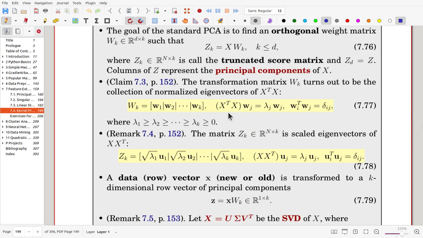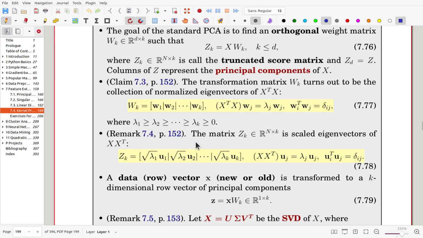Earlier, we figured out that W_K is the collection of normalized eigenvectors of X transpose X. Here, (w_j, lambda_j) are eigenvalue pairs of X transpose X, and W_K is the collection of the first K eigenvectors of X transpose X. Of course, the corresponding eigenvalues are in decreasing order.